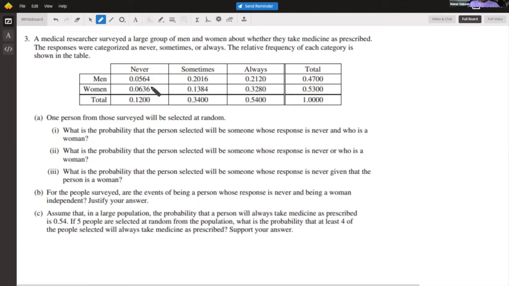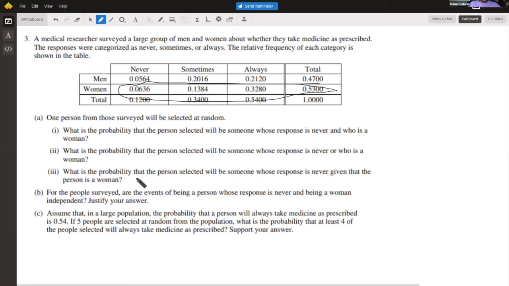So if you did that over 0.53, you're saying given that they're a woman, what's the probability of never? That's what you would have found right there. That's what the third one is asking for.